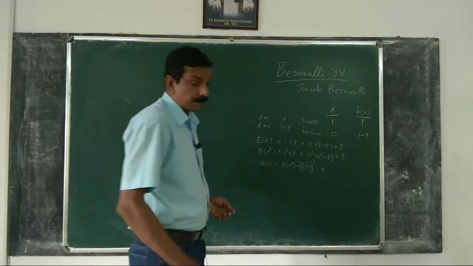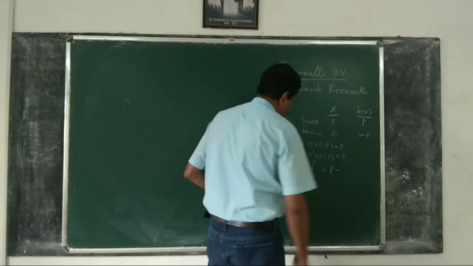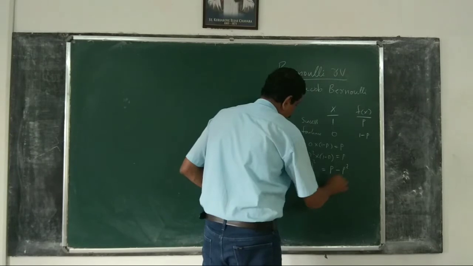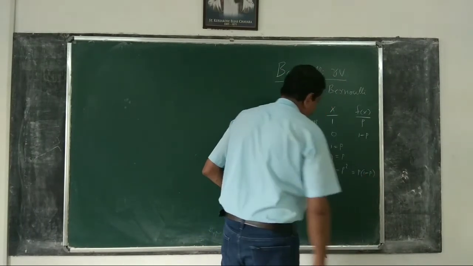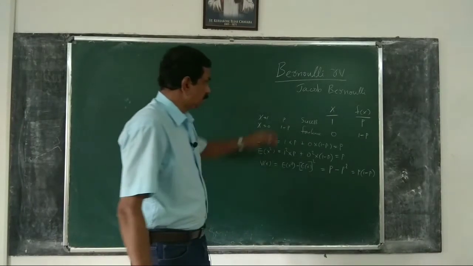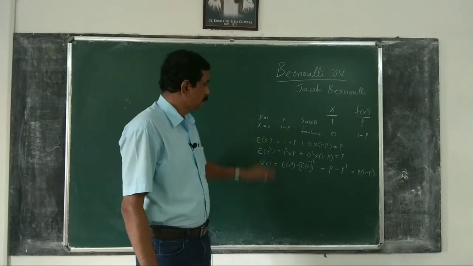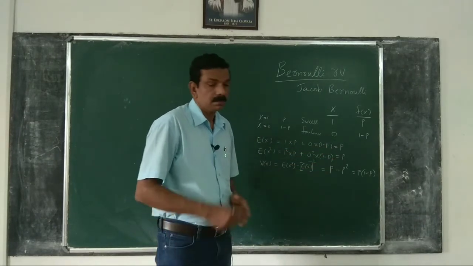What is expected x square? P. Minus what is expected x to the whole square? P square. So, variance of x can be written as p into 1 minus p. So, if x is a Bernoulli random variable, its expected value is p, variance is p into 1 minus p.